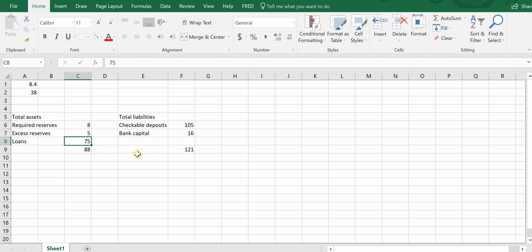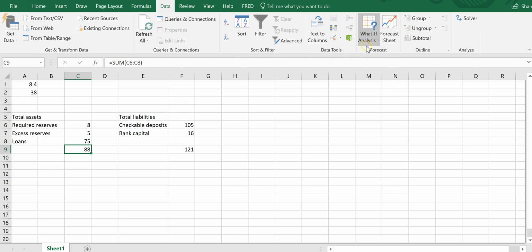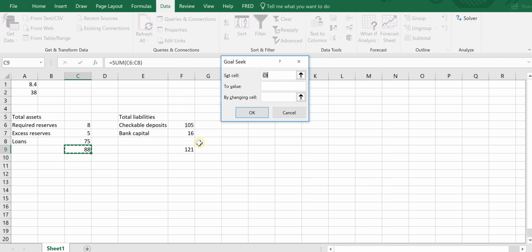So this is not balanced yet. But let me start from there and use the Data, What-If and Goal Seek function to solve out this equation.